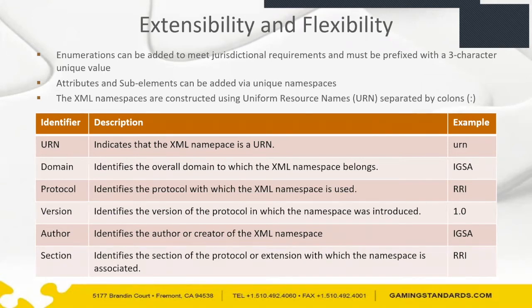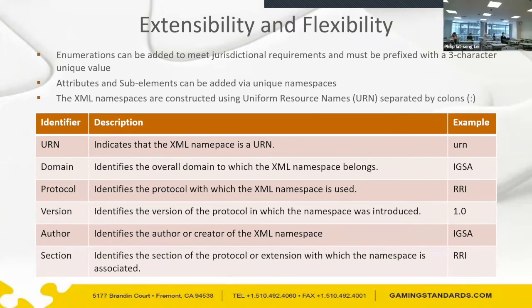Attributes and subelements can also be added, but they have to be added using a unique namespace. So the XSD that is being created using these new attributes and subelements has to have a unique namespace. And the namespace does not have to be for the entire XSD. It can actually be for sections, because the other thing that we did is we broke down RRI into reporting categories.